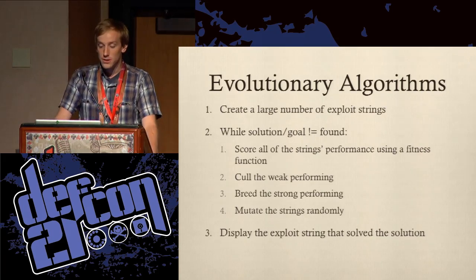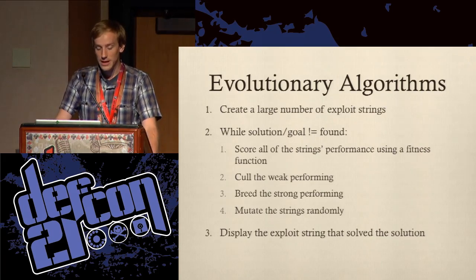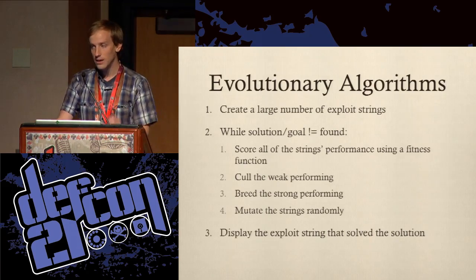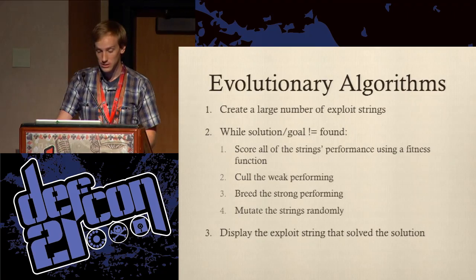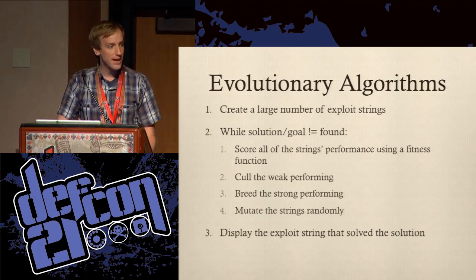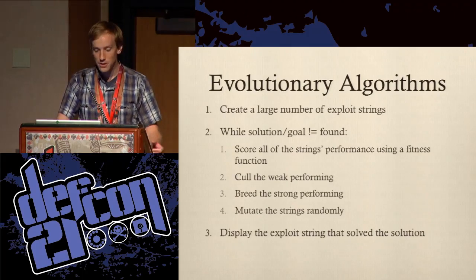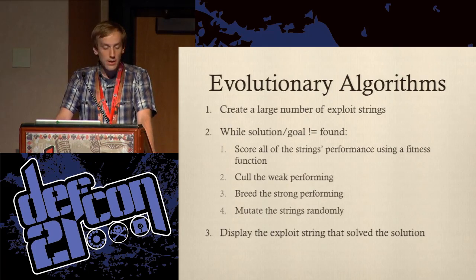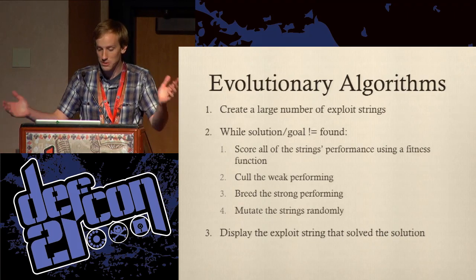So our algorithm is a loop: while we haven't found the solution, we score, we kill off all the low-performing strings, we breed the strong-performing strings, the ones that are more efficient, bypass better, or exploit better, and then we also mutate the strings randomly. Once we have found a correct exploit, we display it.